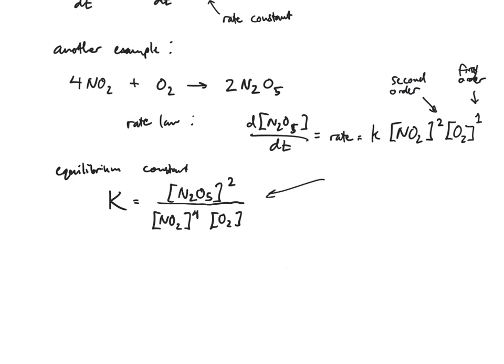Notice that the equilibrium constant expression and the rate law do not equal each other. They're substantially different from one another. The equilibrium constant expression is easy to obtain if you just know these stoichiometric coefficients. The same is not true for the rate law. We have to actually know the intermediate reaction mechanisms to predict what the rate law would be. And we'll get to that in just a moment.